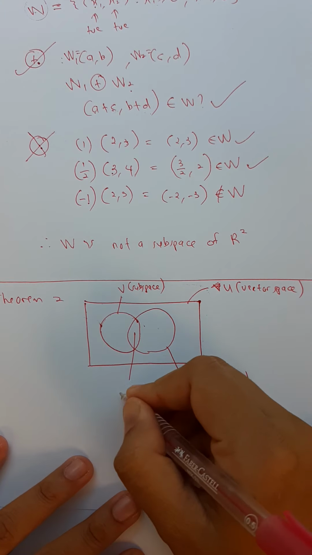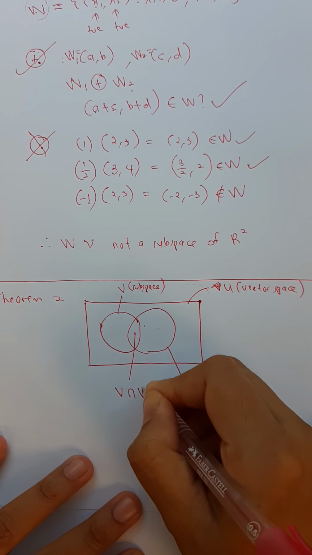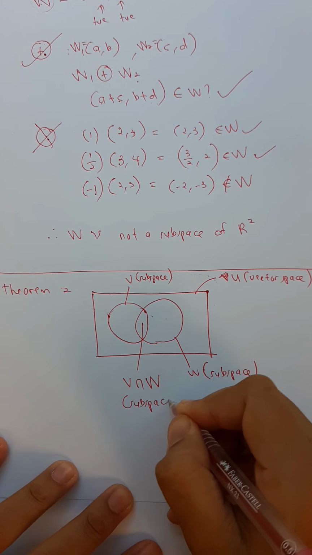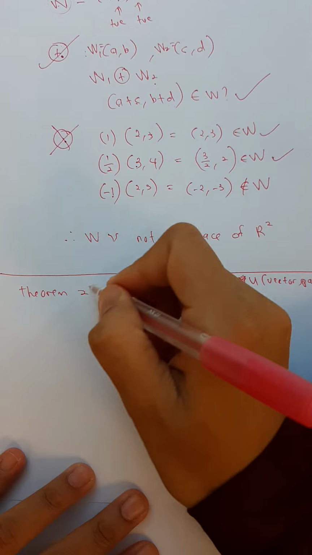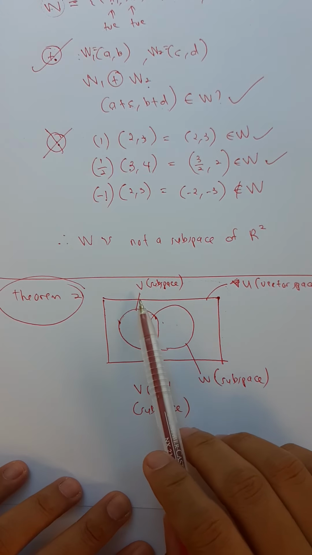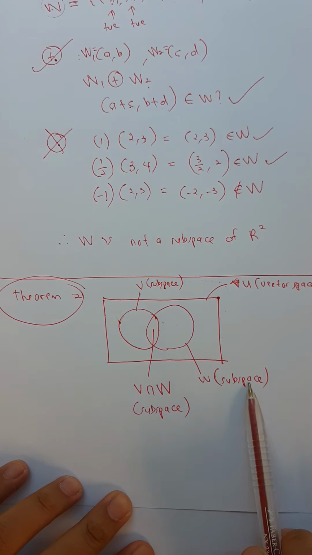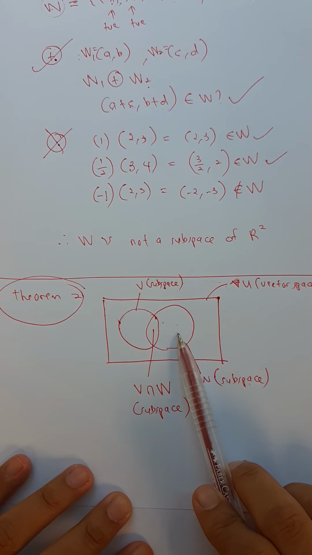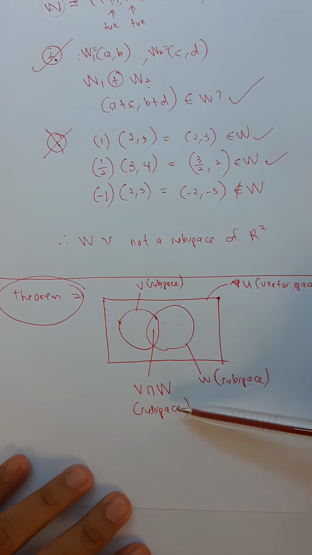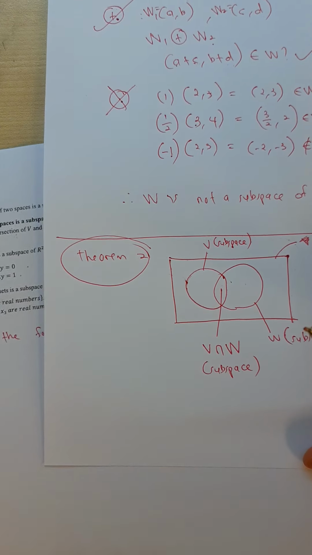The middle part is the intersection, V intersect with W. This one here is also known as a subspace based on theorem 2, provided that you have shown that V is a subspace and W is also a subspace. Only then can you conclude that the middle part here, which is V intersection with W, is also a subspace.